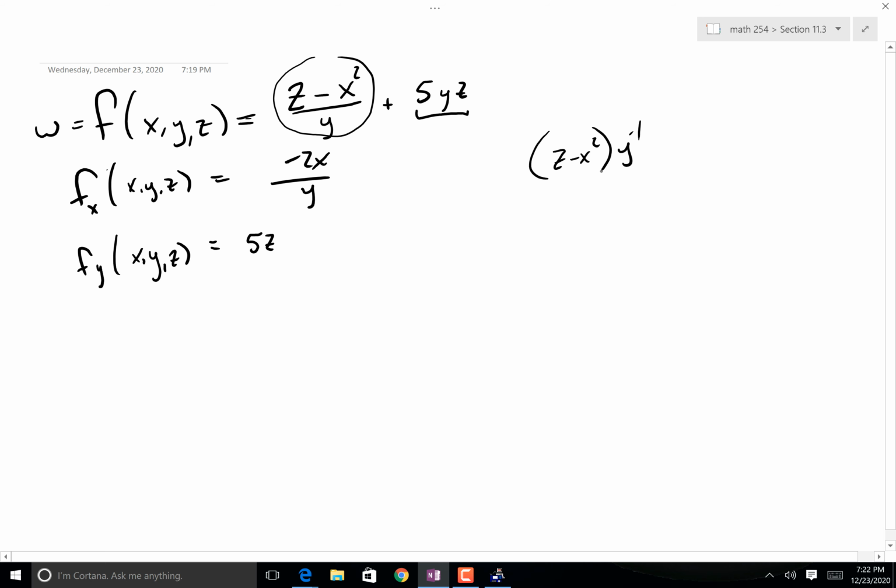And if you think about it, this is not a product rule. This is constants. Leave it alone. What's the derivative of y to the minus 1? It's minus 1 y to the minus 2, right? So it's going to be minus, and I'm just going to put these back on top where they go, over y squared, because it's y to the minus 2.